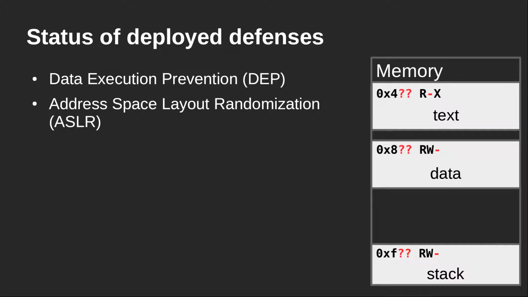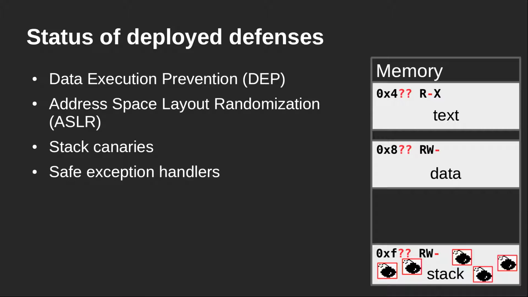Obviously, this is prone to information leaks. If the attacker can somehow learn where these individual locations are, the attacker can build an exploit that actually can mitigate these defenses. We also have stack canaries that place strategic values on the stack that should not be overwritten, and safe exception handlers on top of that that guarantee that the exceptions follow a predefined pattern.